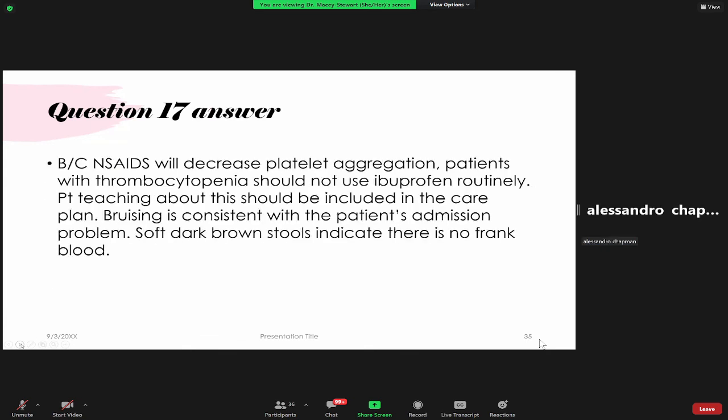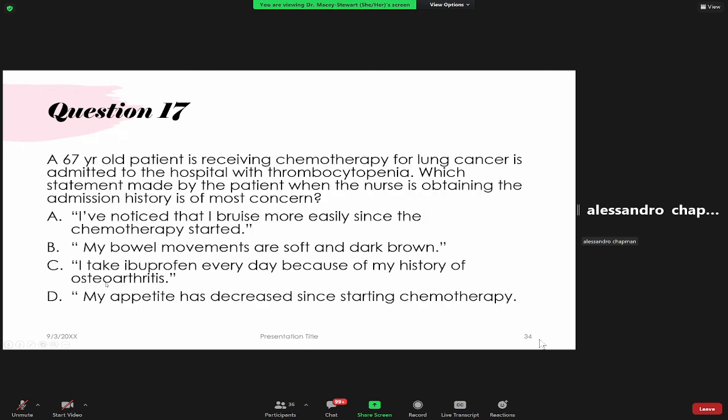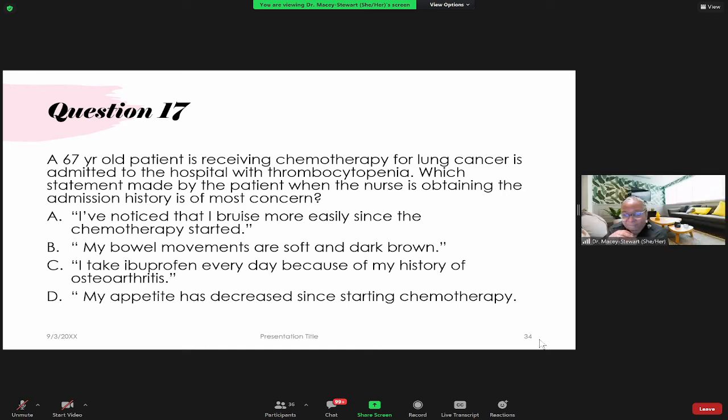Can I just ask with that, with bruising, wouldn't that kind of indicate maybe an internal bleed though? Not necessarily. With thrombocytopenia, you could just grab the patient by the arm and they bruise. That doesn't mean they're having internal bleeding. Thrombocytopenia just means that their platelet counts are low and they're at risk for bruising by touching them. Sometimes people just walk into a door frame, their platelets are low, they'll get a big bruise from it.